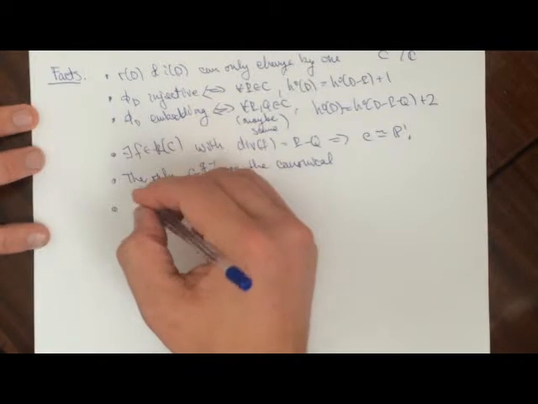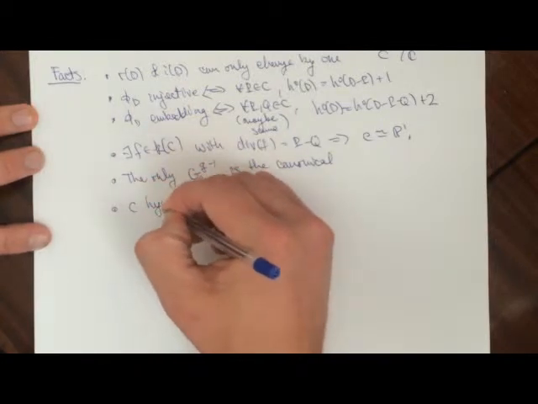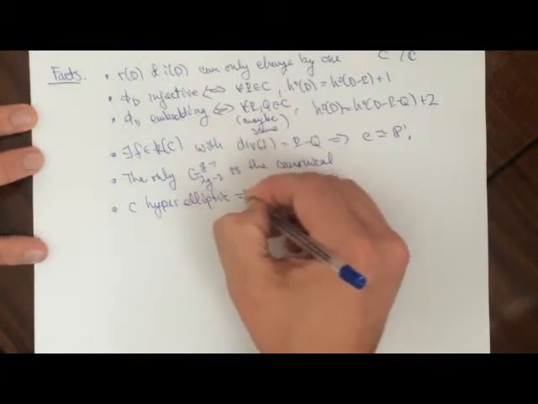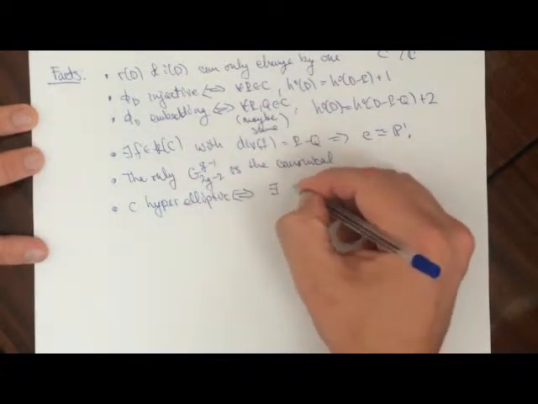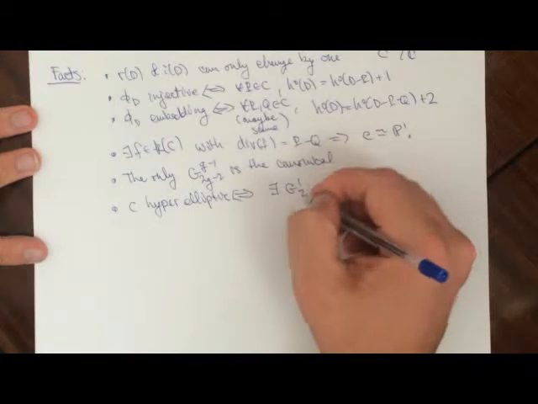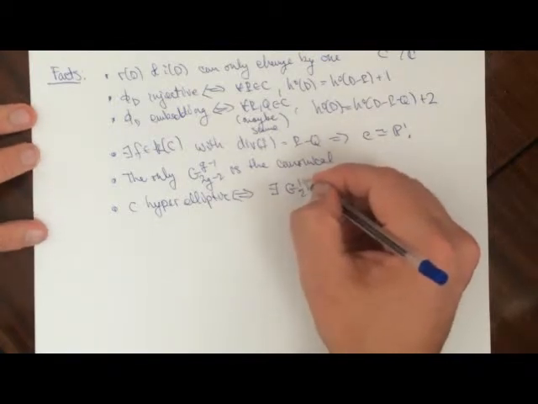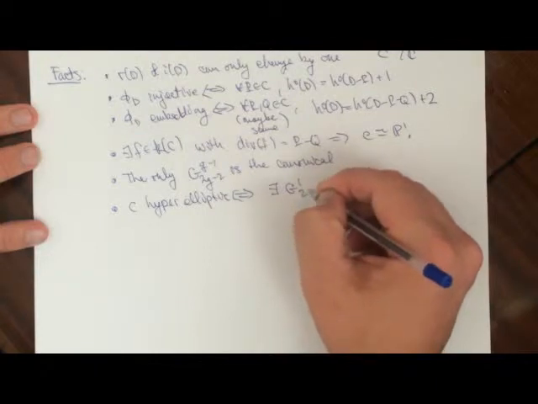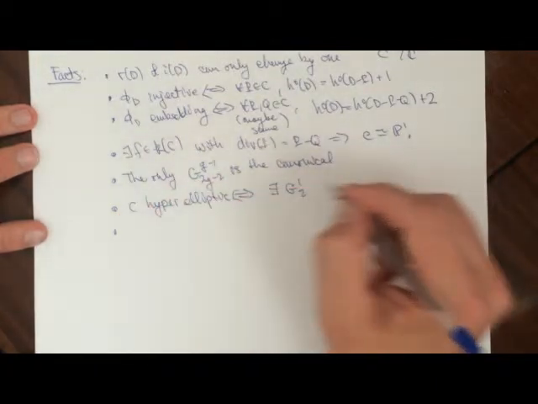Okay, so C is hyperelliptic if and only if there exists a g^1_2. So this is going to be the hyperelliptic map. Here again, r is equal to 1, so it's a map to projective space, and the 2 means it's degree 2, or it's a degree 2 map.